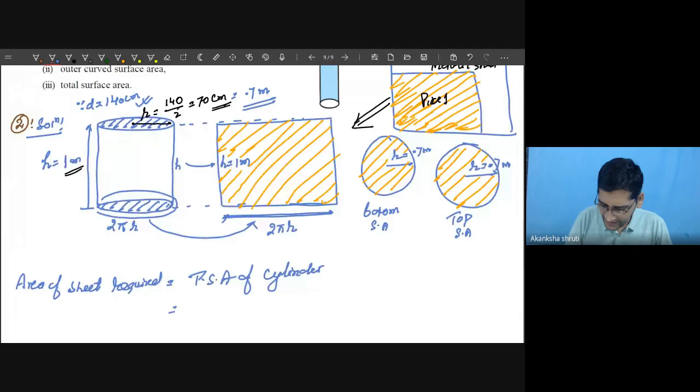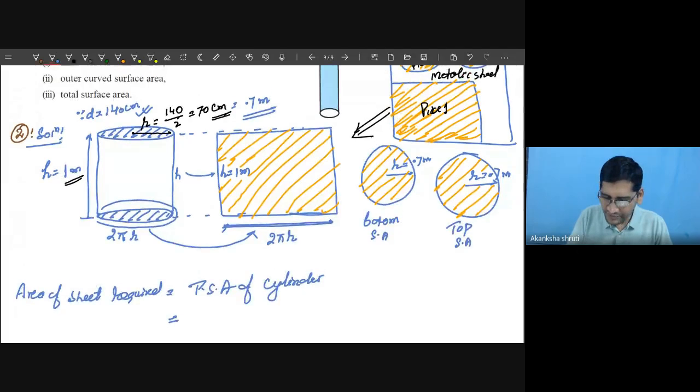This we may write as the curved surface area of cylinder plus surface area of bottom and top, or we may write the rectangular surface area with length 2 pi r and height h, plus the circular area for bottom plus circular area for top. So these three pieces we have to write.